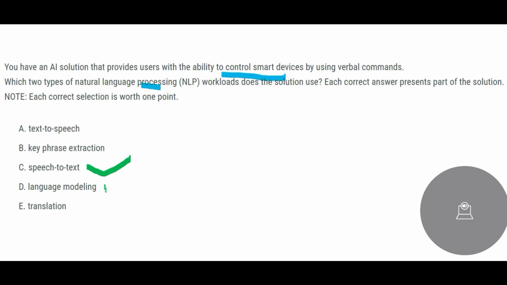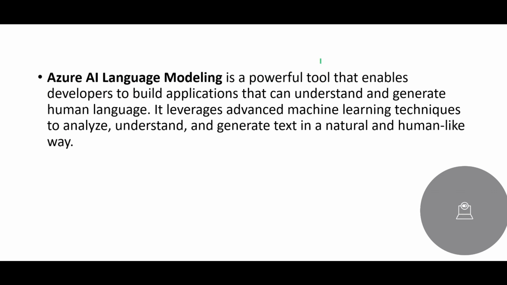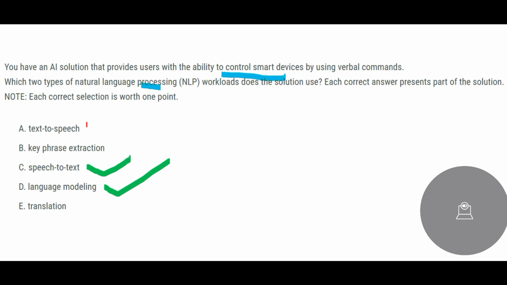The second is language modeling. It is a very powerful tool. It enables developers to build applications that understand and generate human language. We have to use this because you are going to talk to it in a human style and you want to generate responses. Text to speech will not work. We are not going to supply text. We are going to talk to it, because it clearly says verbal commands and not textual commands.